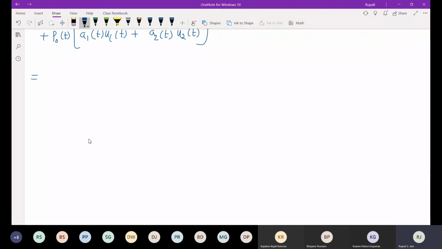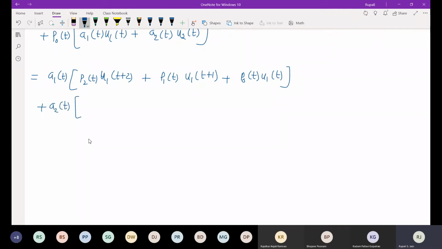Now I am separating the terms of a1t, a2t and p2t. So I can write this as a1t times p2t u1 t plus 2 plus p1t u1 t plus 1 plus p0t u1 t, plus a2t. If I take a2t common, what will remain here? p2t u2 t plus 2, p1t u2 t plus 1 plus p0t u2 t.